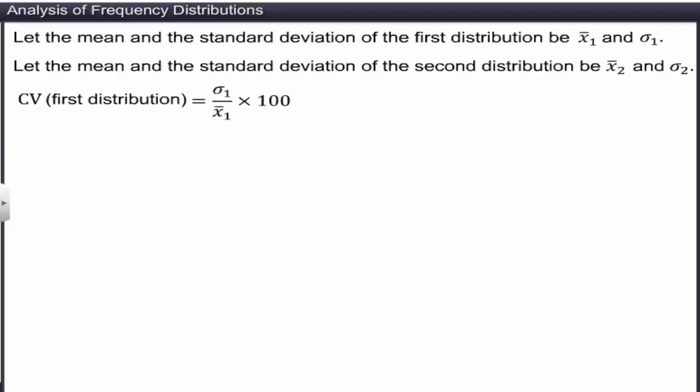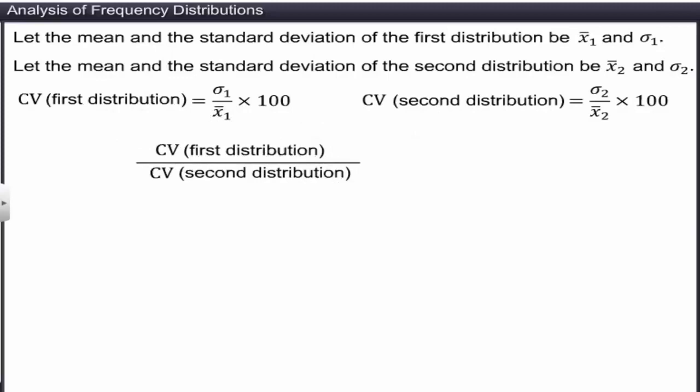The CV of the second distribution is sigma 2 divided by x2 bar multiplied by 100. Now, let's take the ratio of the coefficients of variation. We know that the means of the distributions are equal. We get the ratio as sigma 1 divided by sigma 2.